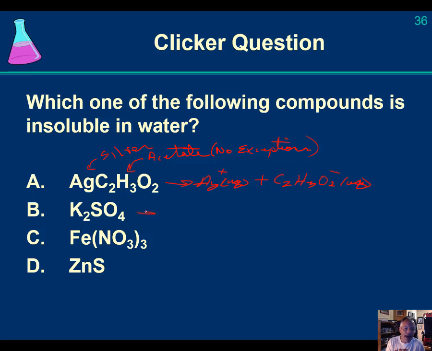This is potassium sulfate. Sulfates are a little bit complicated. They're mostly soluble, but there are exceptions. But this is an alkali metal, potassium. So this is going to completely dissociate into potassium plus 1, aqueous, plus sulfate, aqueous. It's got a 2- charge.